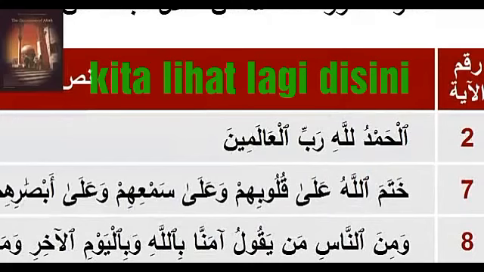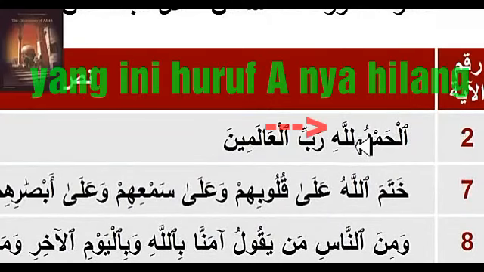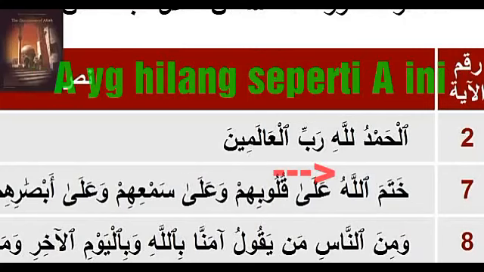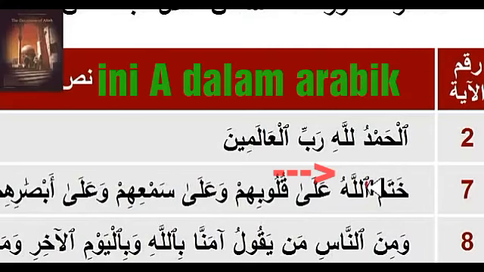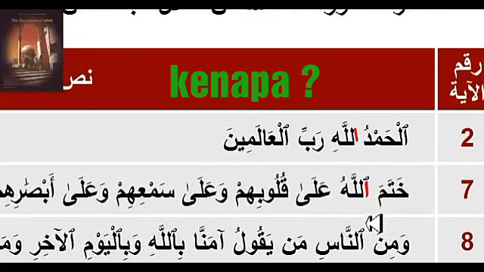If we look again, there is a missing A. And the missing A is this one. This is A in Arabic. Here, we don't find it. You know what I mean? So what happened?